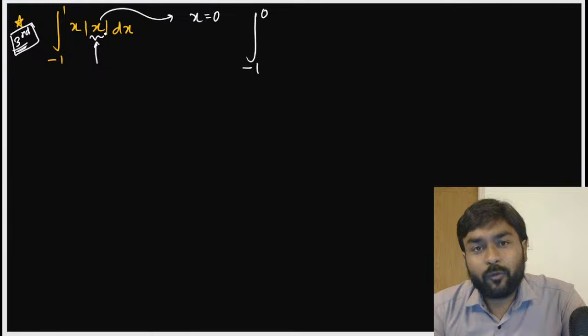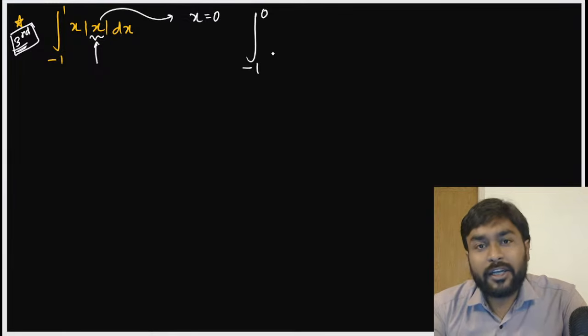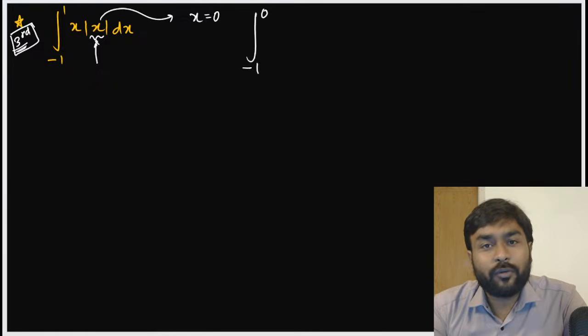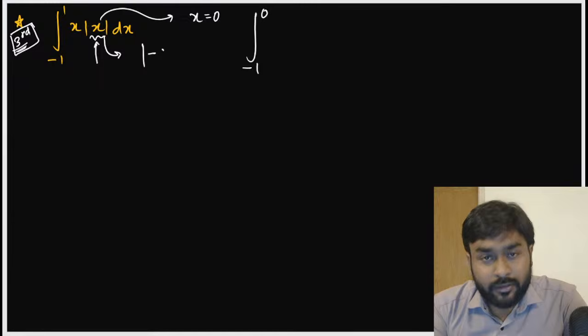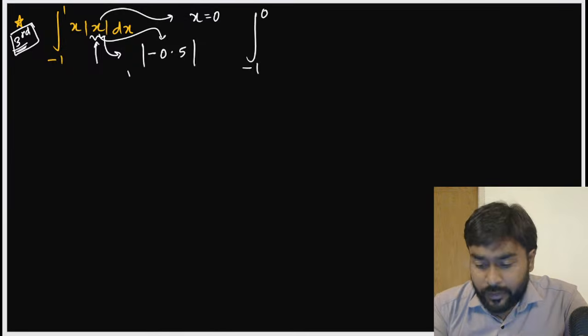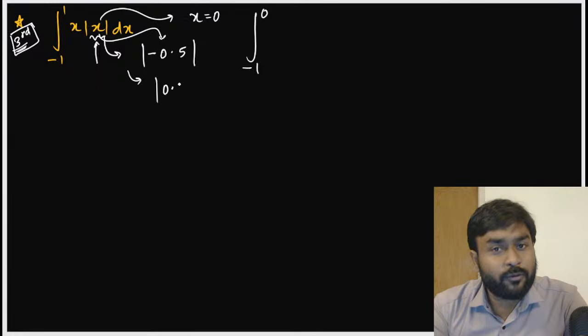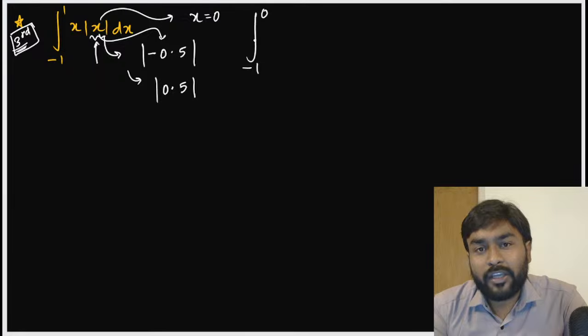This modulus will tell you whether we have to open with a minus sign or plus sign. Let's say I am writing any number, minus 0.5, in this modulus. So it will become minus 0.5 inside the modulus. If minus is coming inside the modulus, it will open with a negative sign, and if any positive value comes inside, it will open with a plus sign. So here it will open with a minus sign.